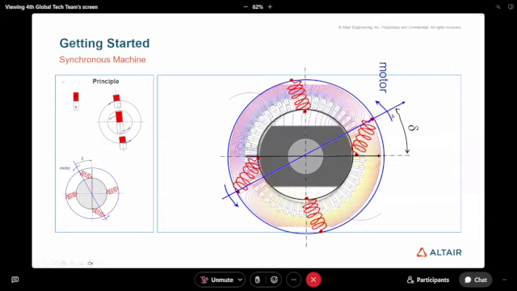Then what we try to do is to put a sensor on the rotor in order to know its position at each time. And then we supply the stator in order to always keep a given angle between the rotor and the stator, to maximize the torque for a given current supply. Okay, so this is it, and it will really behave like a synchronous machine, but there is no magnet on the rotor.